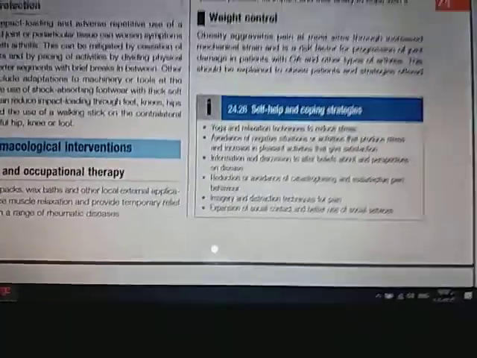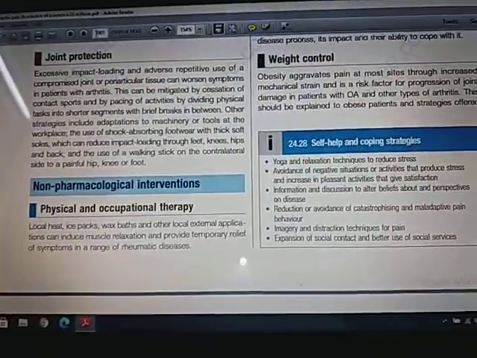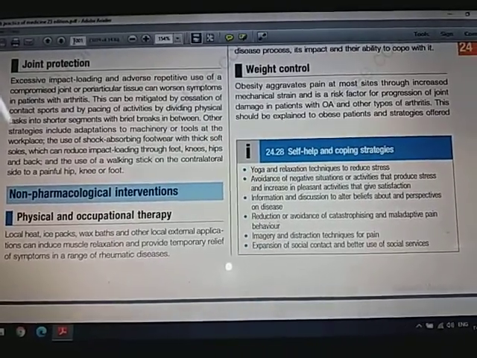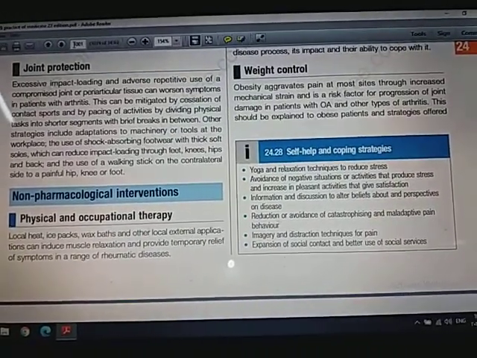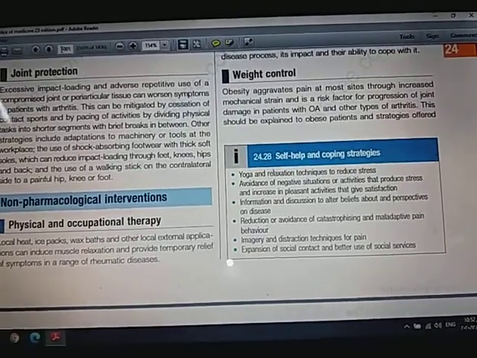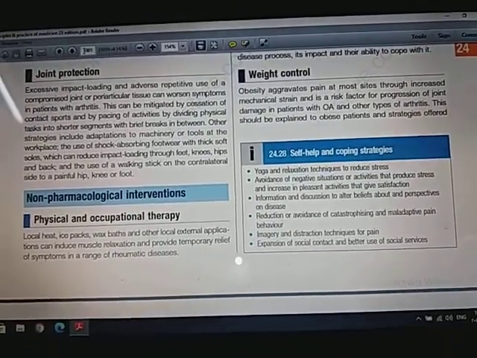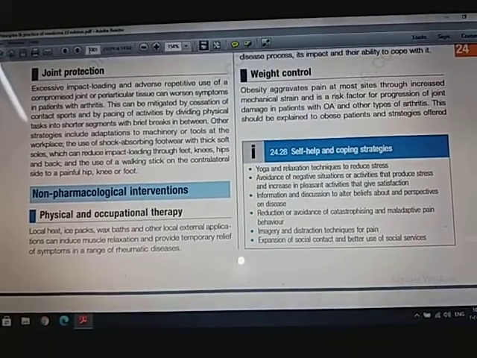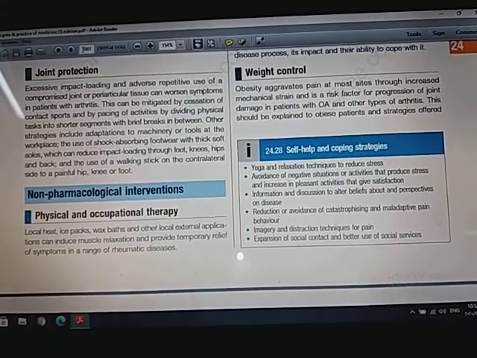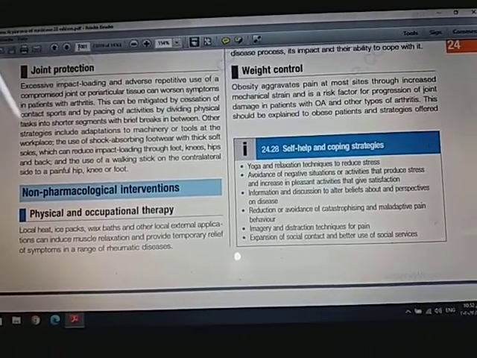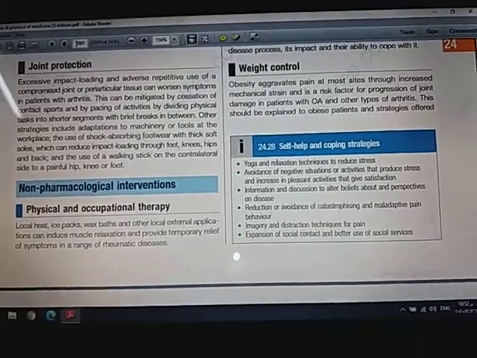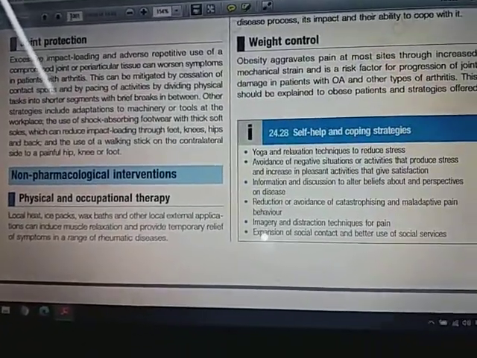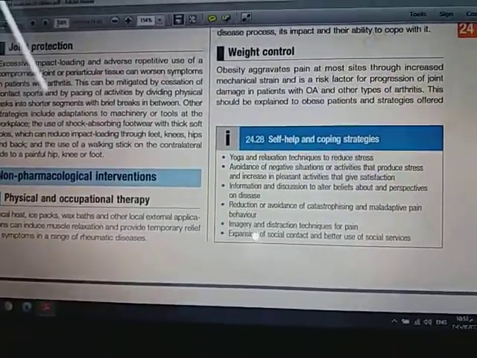Regular prone lying is very useful to prevent flexion contractures of hips and knees. Appliances, aids and devices, for example, walking sticks, عصاية, or a crutch, عكازة, may be used on the opposite side of the inflamed hip or knee to reduce weight bearing. In severely disabled patients, a wheelchair, كرسي متحرك, may be used.